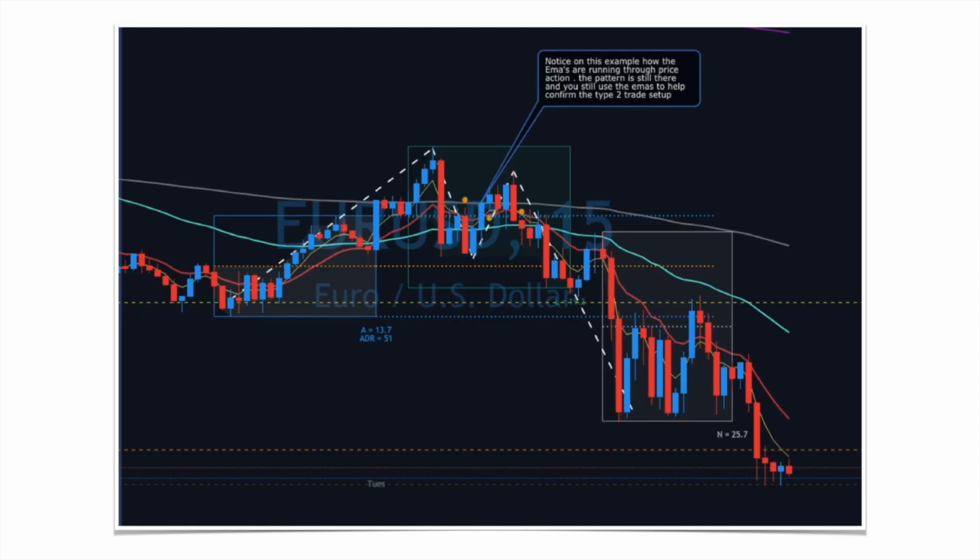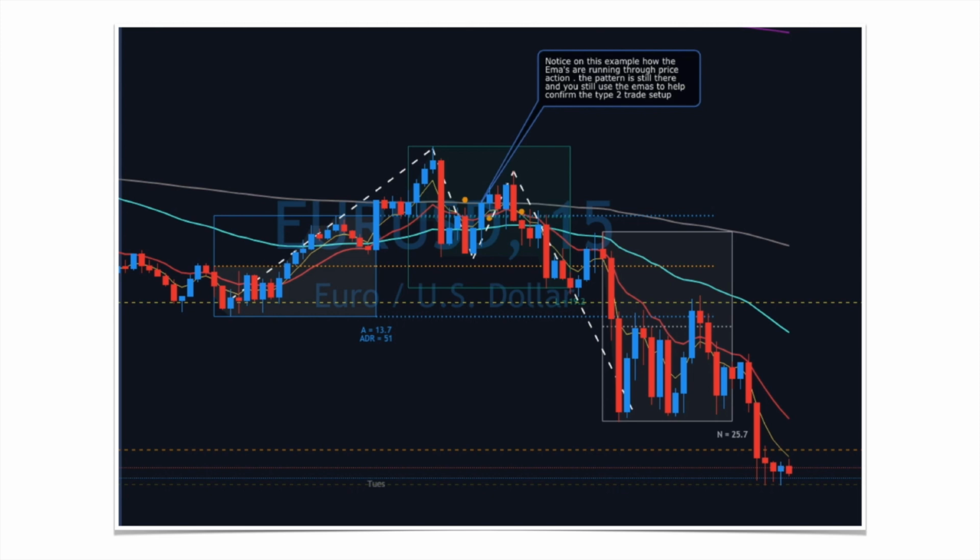Next, we have a type 2 trade setup where you can see the pattern here, the M pattern forming at the top of the Asian range, and you can see that the 200 EMA is riding across. Now, very important on this example is I want you to notice how the candles go above the 200 but immediately come back below it to form the two tops of the M pattern.